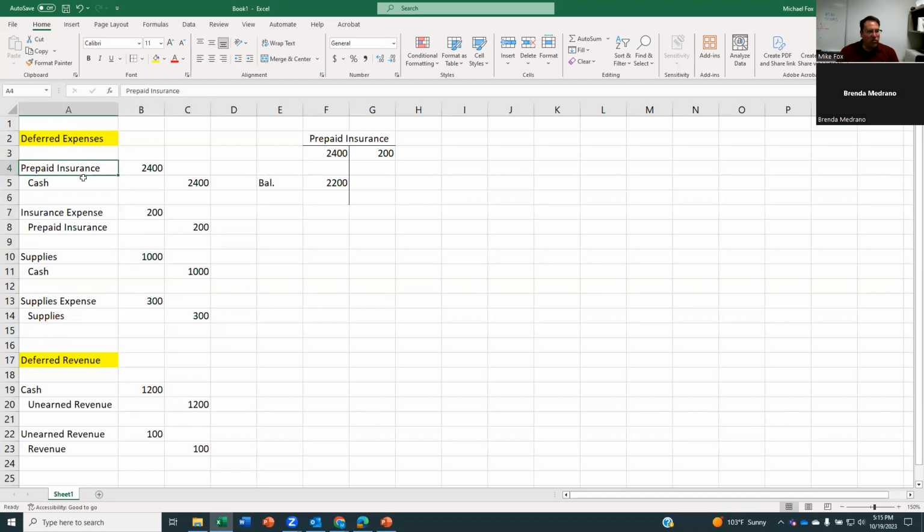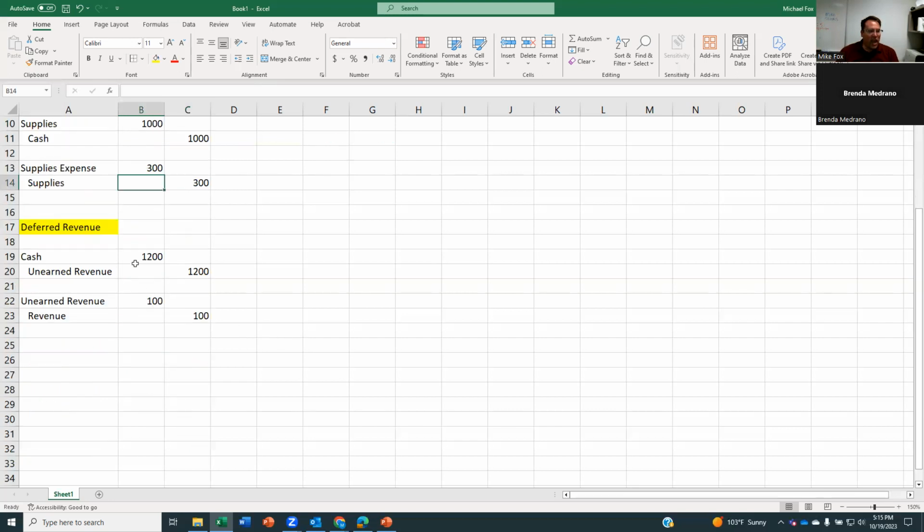Like with an expense, we paid the cash up front. Now the adjustment shows how we're recording the expense of that cash spread out over the time when we use the insurance or the supplies. Likewise with the revenue, the cash happened up front, and now we're showing how we are actually earning that revenue spread out over time.